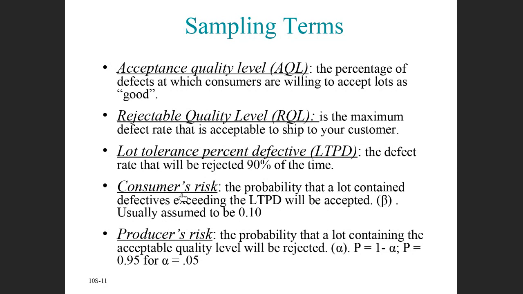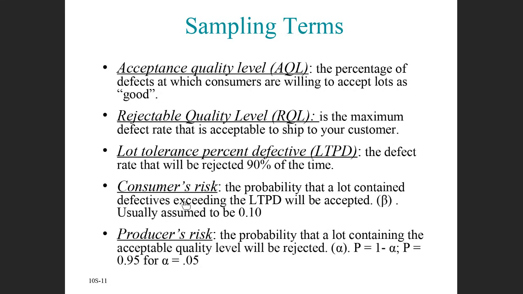So the lot, let's say, has 10 defective, and you accepted that lot, it will be at the consumer's risk. Why? Because he's going to use this raw material and it has more defects than he accepts. So we refer to the consumer risk as the probability of a lot that contains defects exceeding his limits or exceeding his specification.